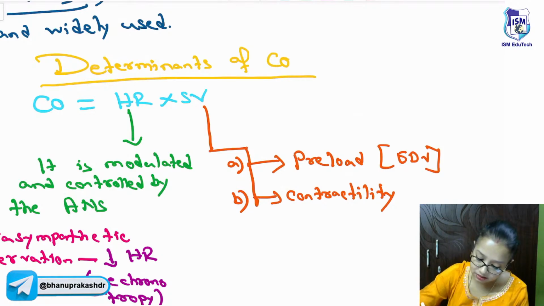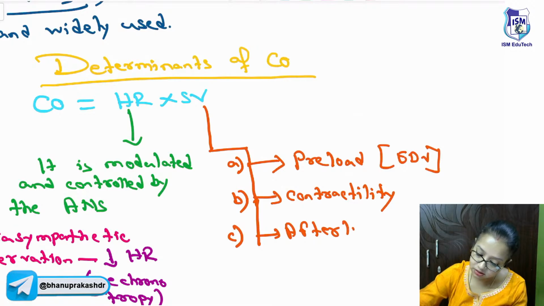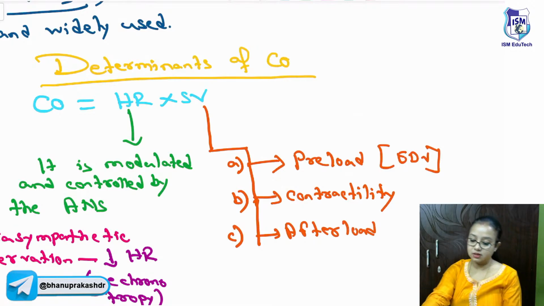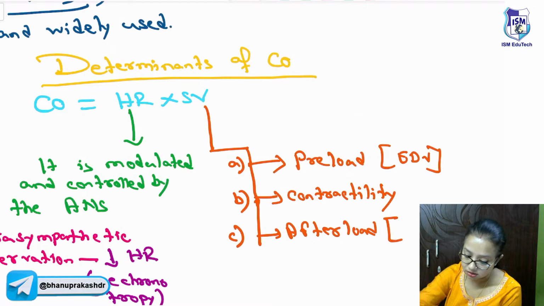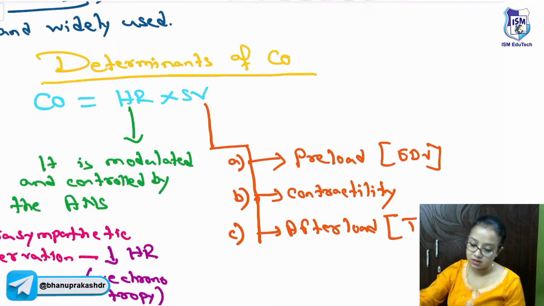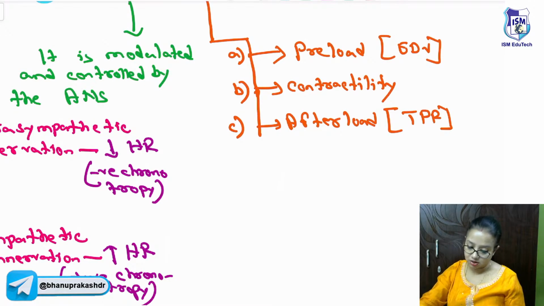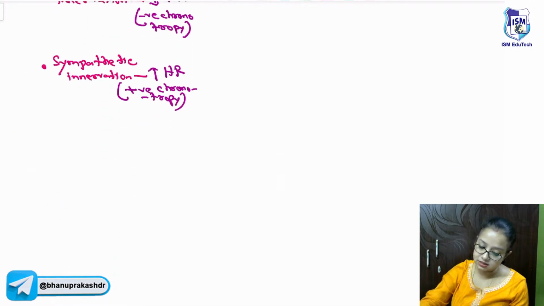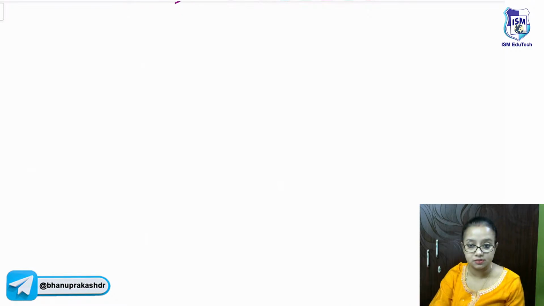And third is the afterload. Afterload means the total peripheral resistance. Now, here one by one, we will understand these factors.